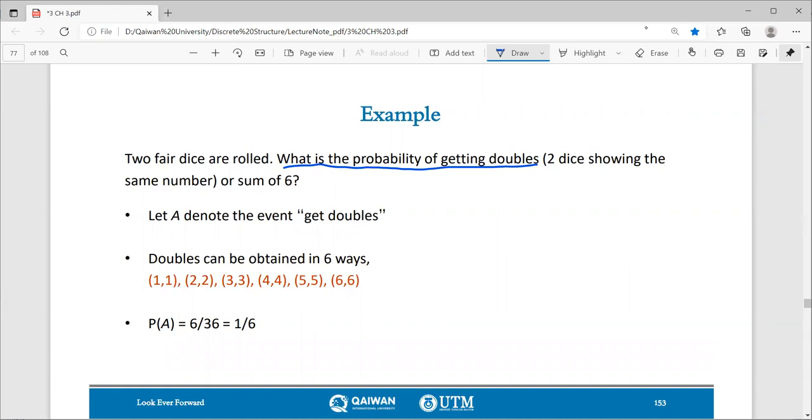But in rolling 2 dice or a dice twice, we get 6 squared, which is 36 possibilities. And the doubles are 1, 1, 2, 2, 3, 3, 4, 4, 5, 5, and 6, 6. It says, what's the probability of getting a double in rolling 2 dice?